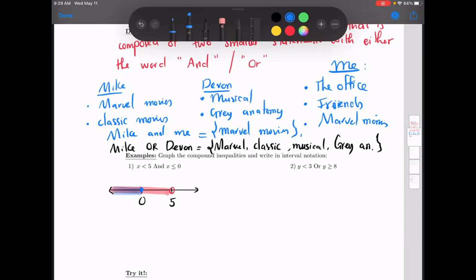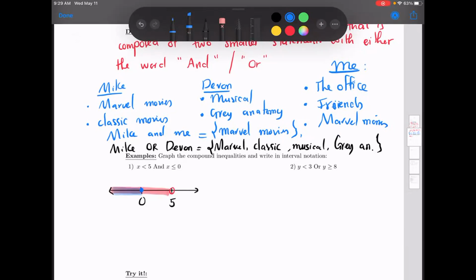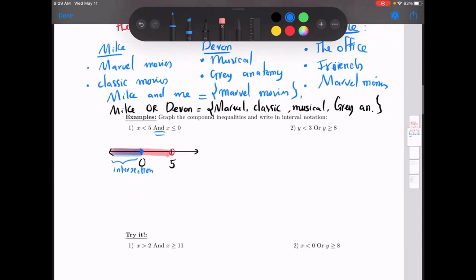So what is your intersection here? This is the intersection. Because it's and, your final solution, let me write it in red, is from negative infinity up to 0, and it includes 0.